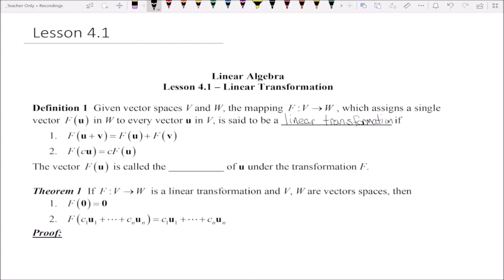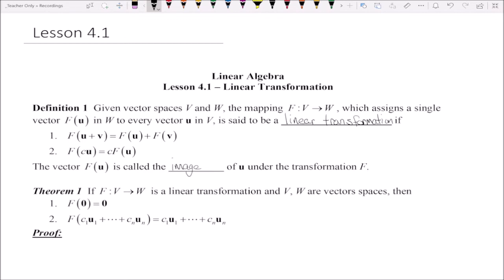First, f of u plus v is f of u plus f of v. And second, f of c times u is equal to c times f of u. The vector f of u is called the image of u under the transformation f.